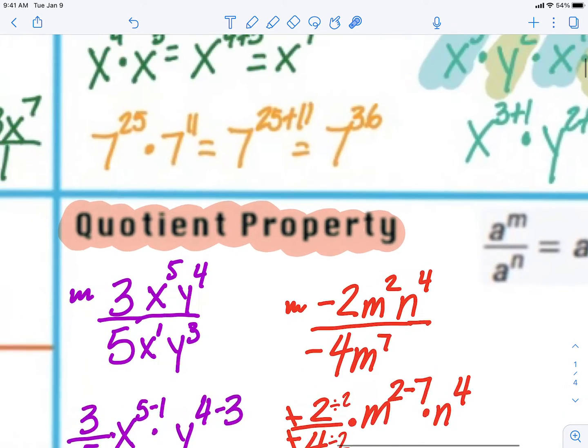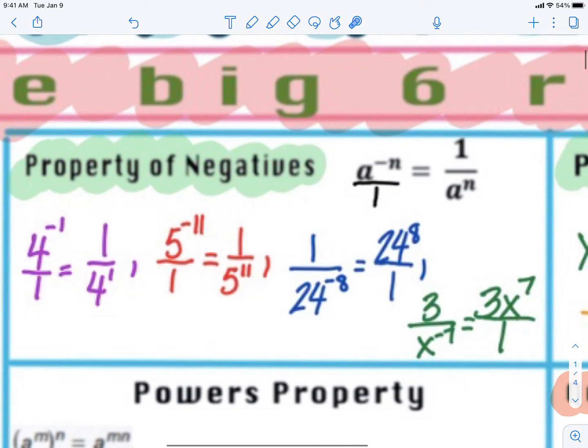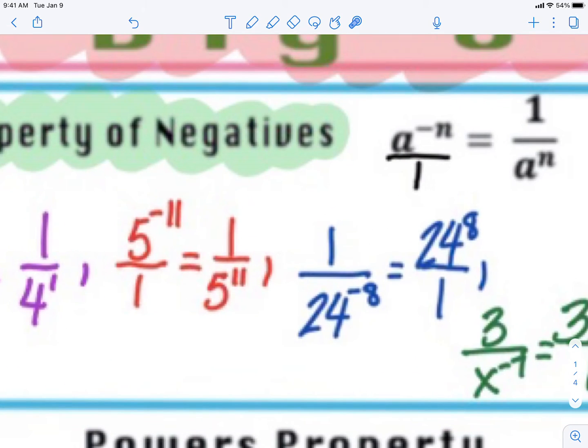So how do I do that? Well, let us remember the property of negative. If I want to make something positive, I move it down. Look at that. 4 to the negative 1 became 4 to the positive 1. It went from the top to the bottom. 5 to the negative 11th became 5 to the positive 11, and I went from the top to the bottom.